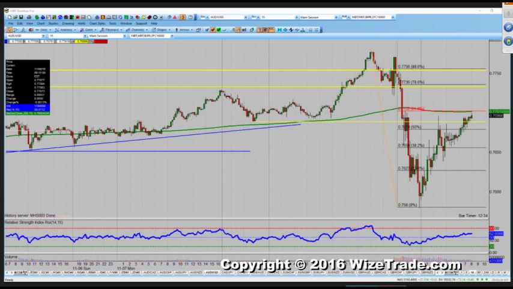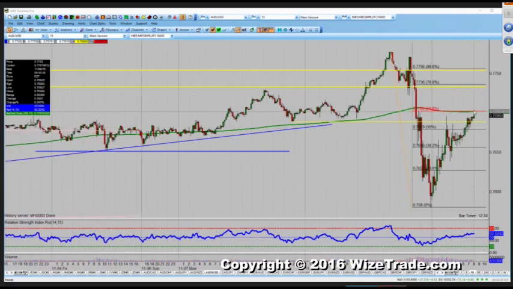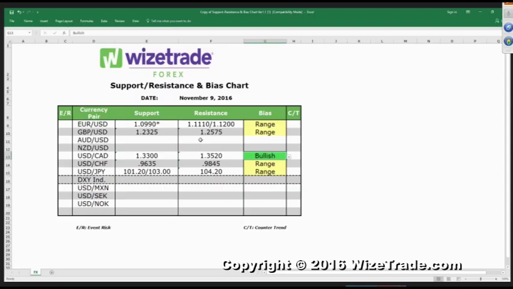I have to imagine we go a little higher than where we're currently at, but beyond 77, we have 77.30. So we have 77 cents, and then 77.36, so 77.35, be some resistance there. Put us in a range.